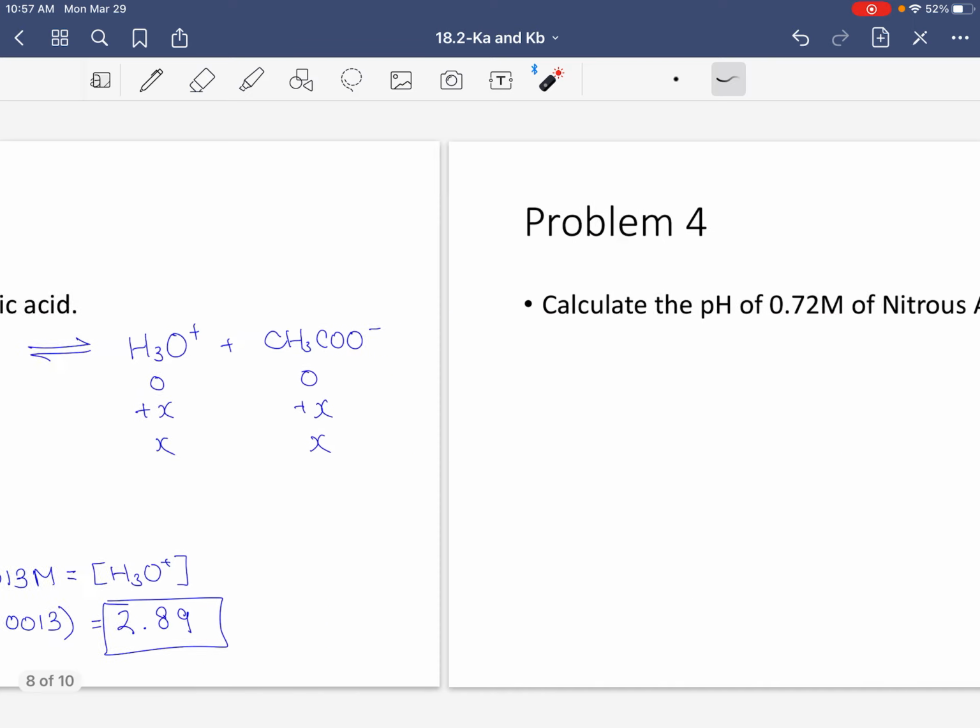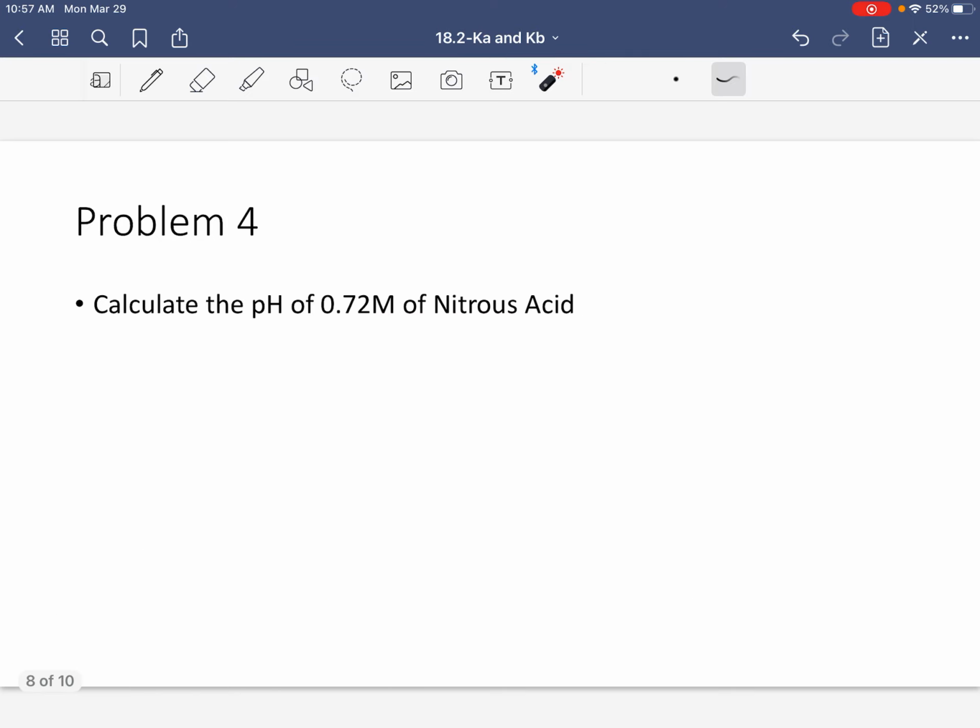Okay, all right, here's another question. This one deals with nitrous acid, so make sure you go back and find out what the Ka for that is. You guys can do this on your own. I worked this out already ahead of time, and the answer for this is 9.9. Is it nitrous acid?